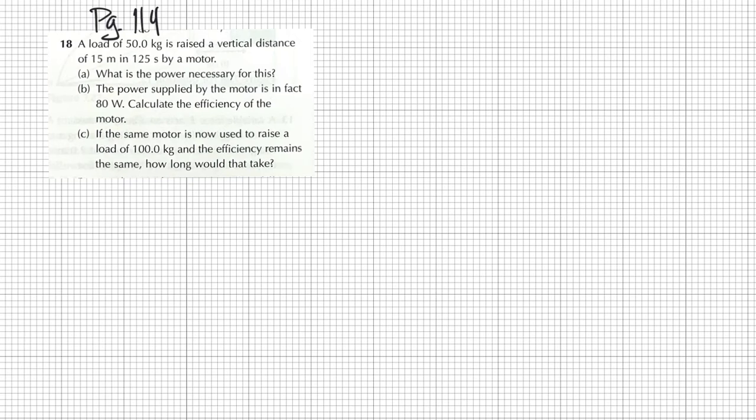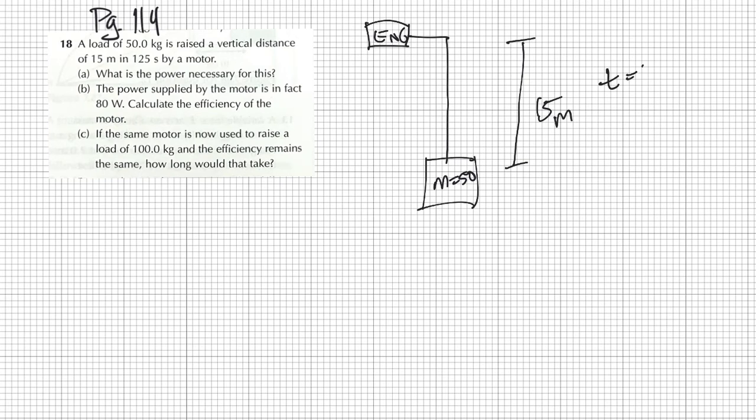So for our initial setup, if this is our engine, and we're going to pull up an object which has a mass of 50, it's going to raise 15 meters, and the time that takes is going to be 125 seconds.